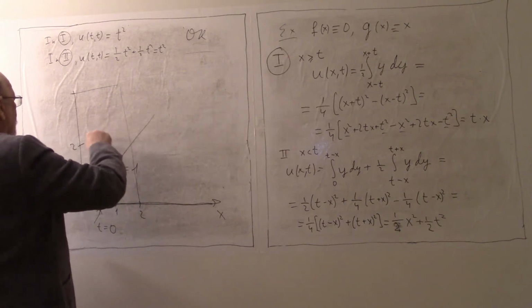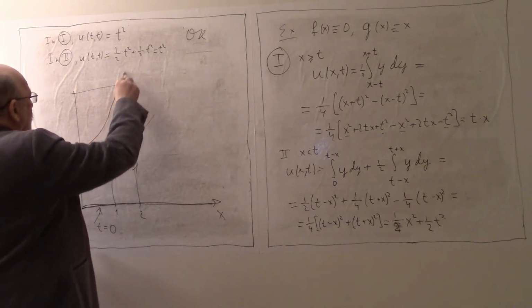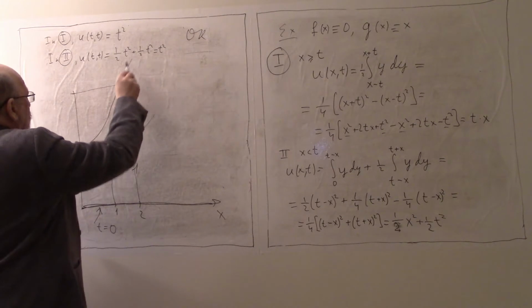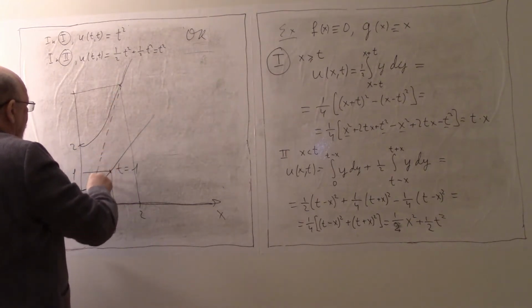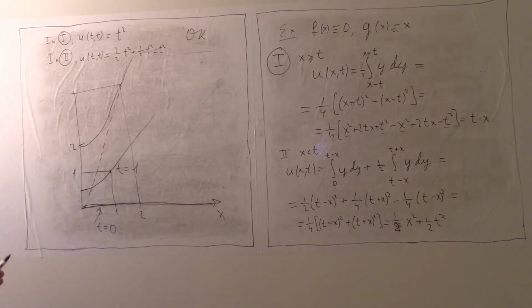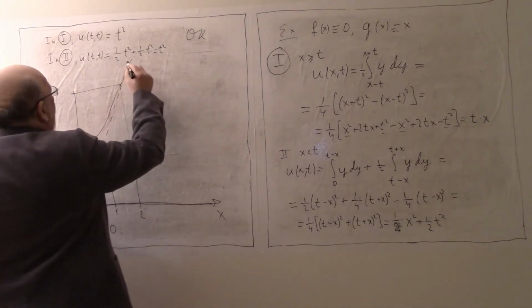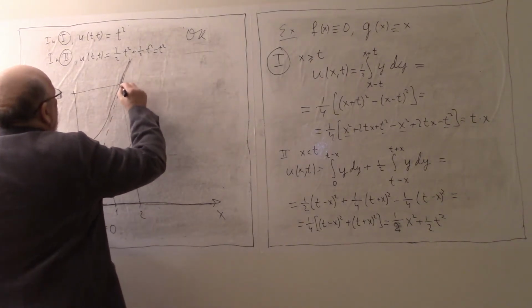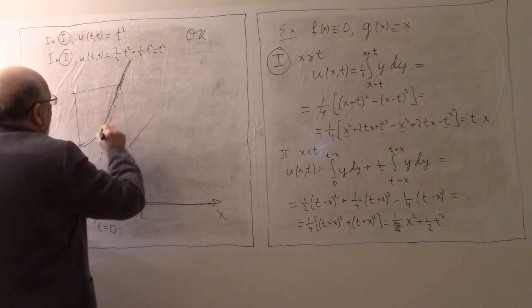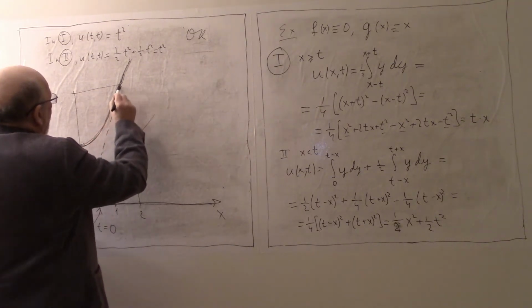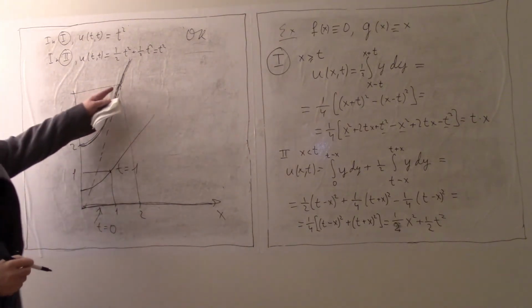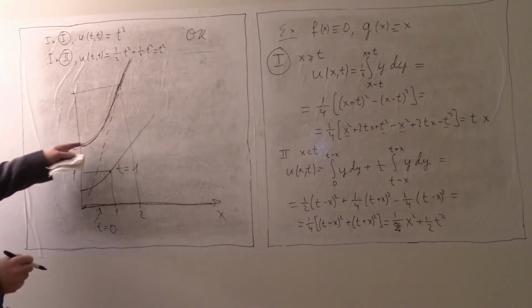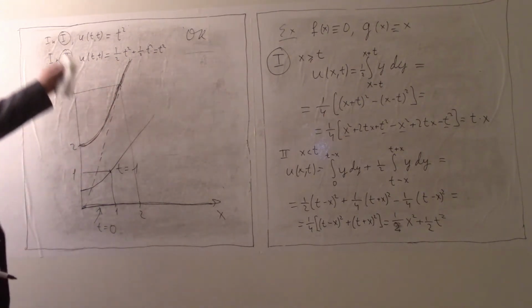So this is the solution, and if you continue, this function also hits 0. So this is the graph of the solution. It consists of a piece of straight line and a piece of parabola, and so on.